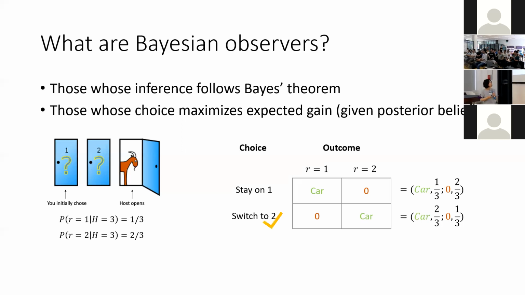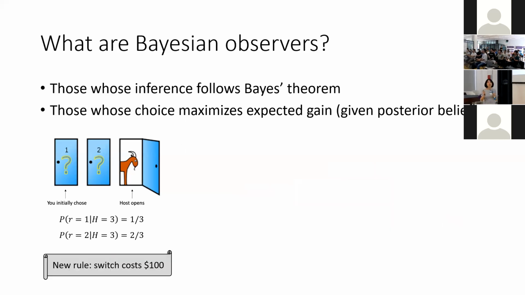But suppose we add a new rule. Now it's not free to switch. You need to pay $100 to switch. Then what would you choose? The probability would not change.